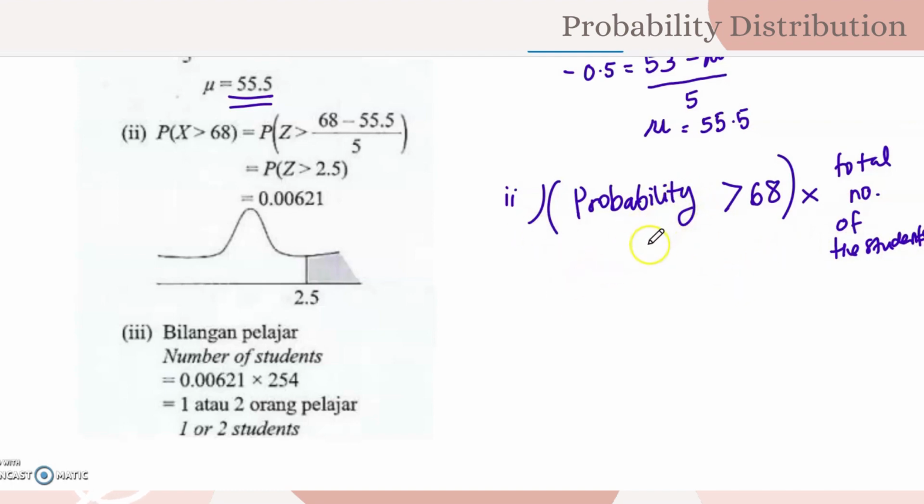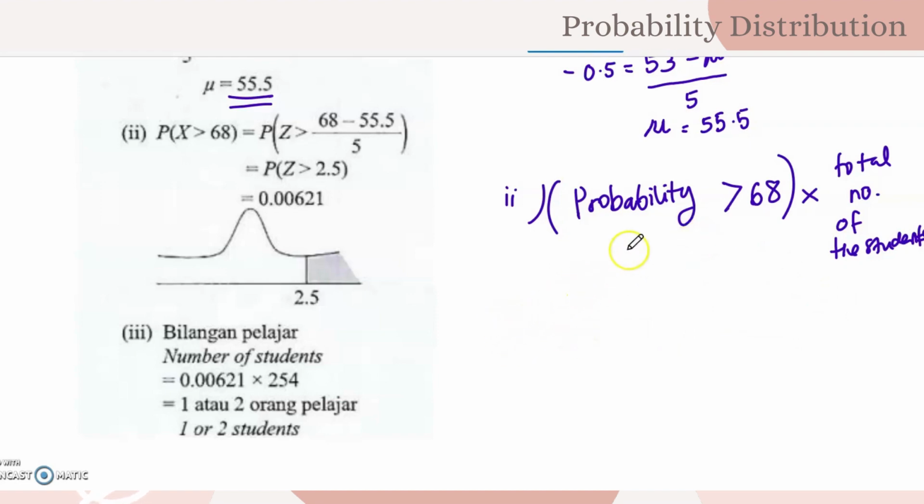So value probability itu dah refer kepada bilangan pelajar yang dapat lebih daripada 68 marks. So we get the number of students that got the marks greater than 68.